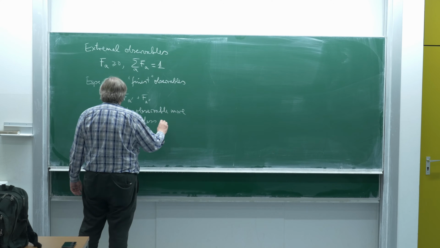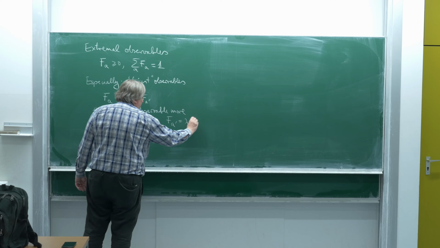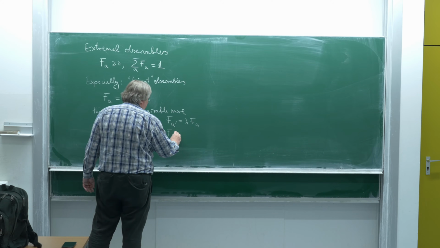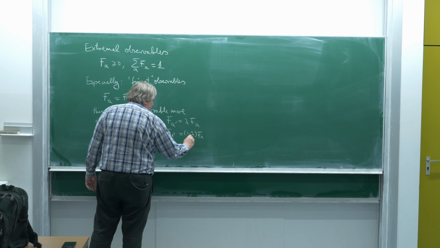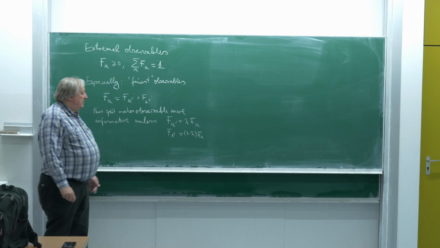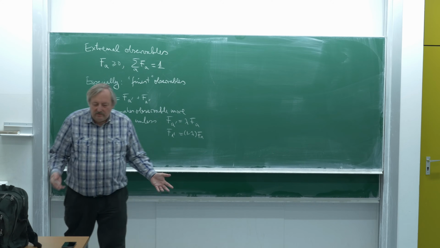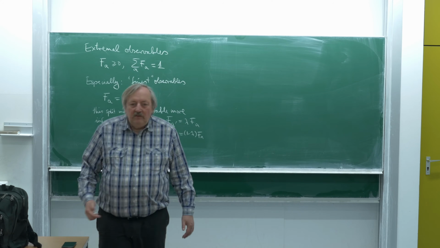Unless F_A prime is some lambda times F_A, and then of course the F_A double prime would be 1 minus lambda F_A. And so then this additional information just amounts to an additional coin toss, right? And this doesn't really help.